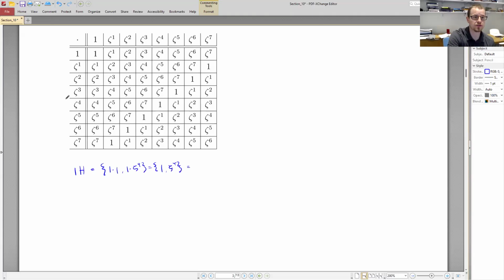You'll notice that if I were to multiply on the left by zeta to the fourth power, I would also get zeta to the fourth times 1 is zeta to the fourth, and zeta to the fourth times zeta to the fourth is 1. So this is actually the same as multiplying on the left by zeta to the fourth. All right, next, we're looking at zeta to the first power. If I want to apply the basic definition, I'm just multiplying on the left by zeta.